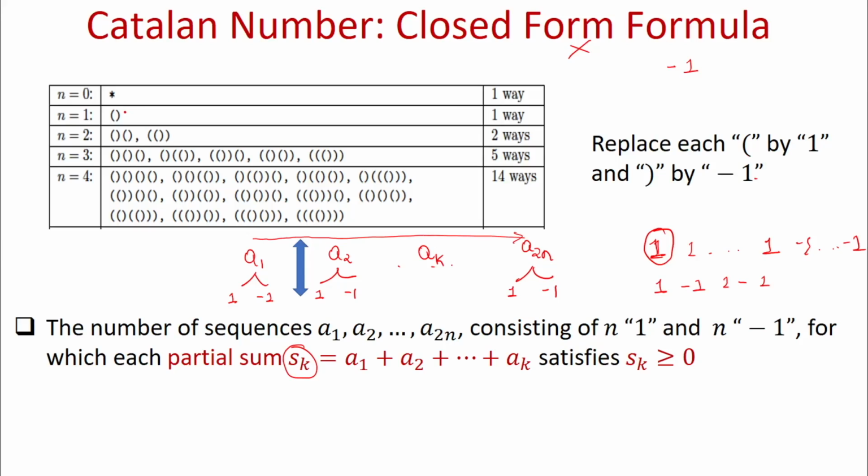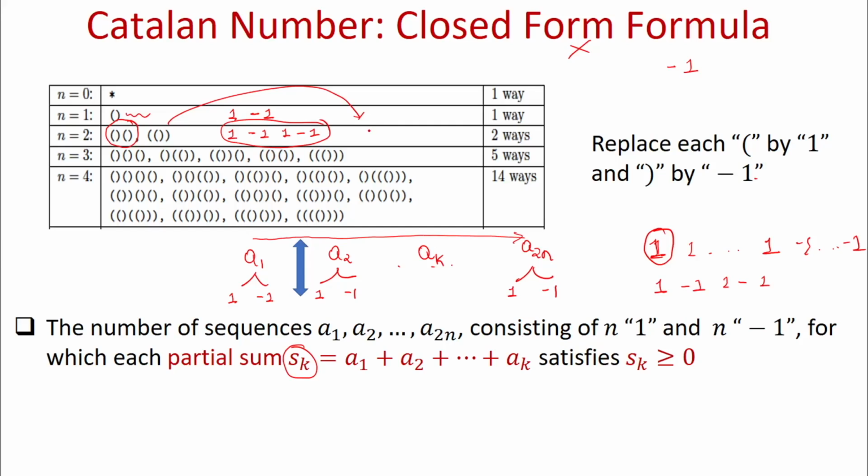So for instance, if you take the n equal to 2 case, then the corresponding string is: you have an opening parenthesis, so 1, then you have a closing parenthesis, so -1, then you have an opening parenthesis, then a closing parenthesis. Whereas the second string gets mapped to the following.